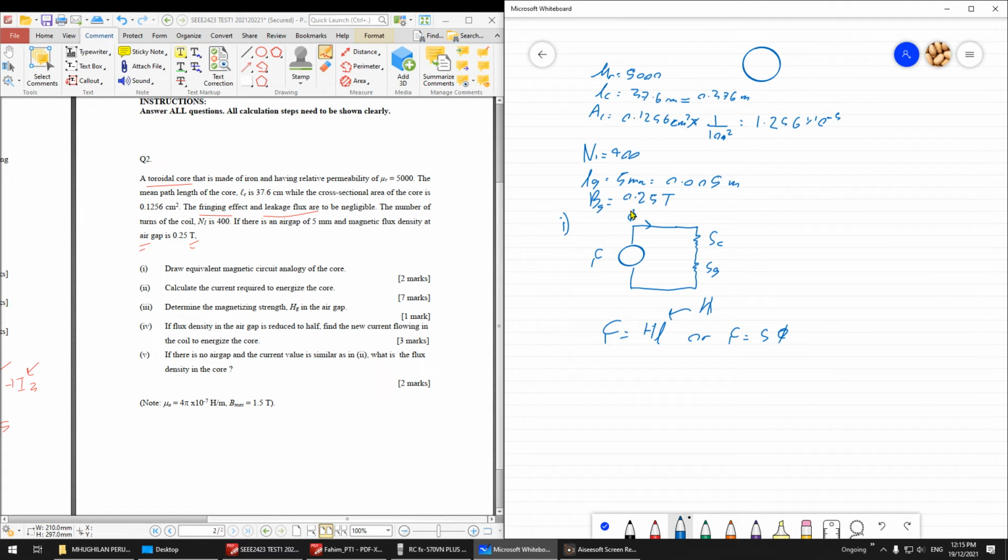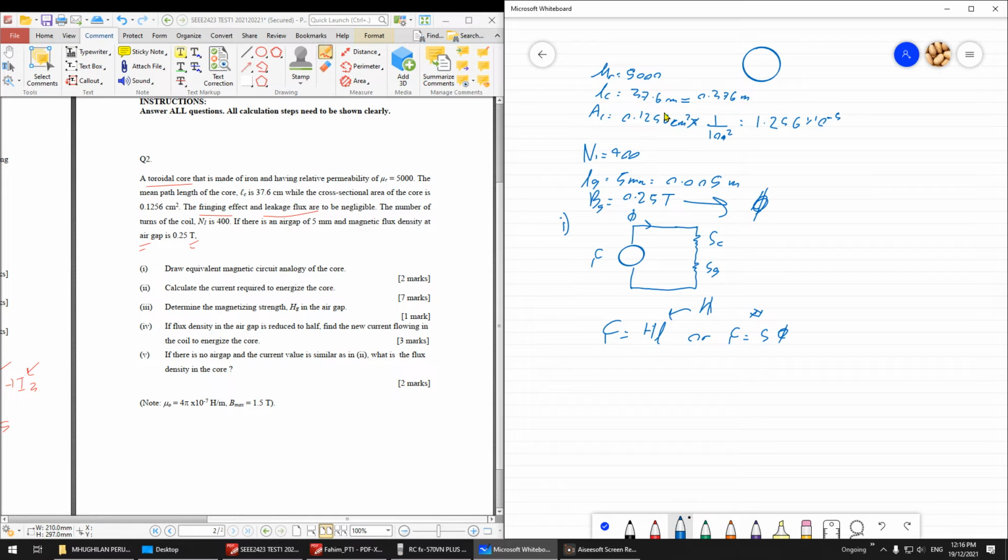And B, you can get the flux. So basically you have to look at the information and choose which one is more suitable. For this case you have to choose this because you can get the flux.